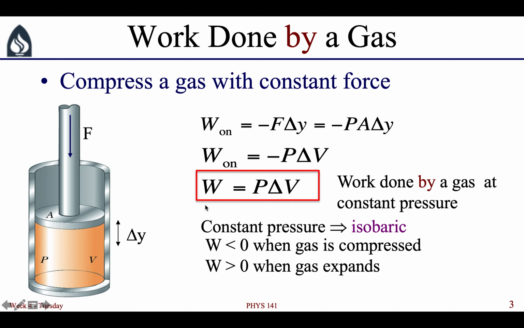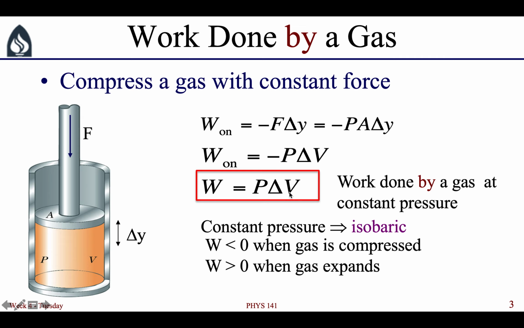So we remember that for our text, when we write down plain W without a subscript, we're going to mean the work done by a gas, and the work done by a gas is equal to positive pressure times change in volume, so that if the volume expands, that means that the gas is doing positive work on its environment.